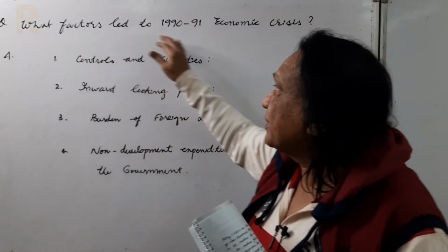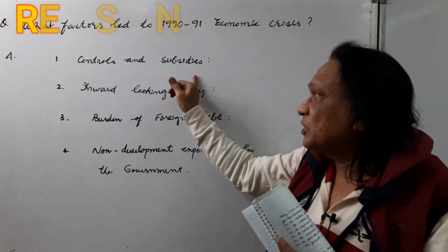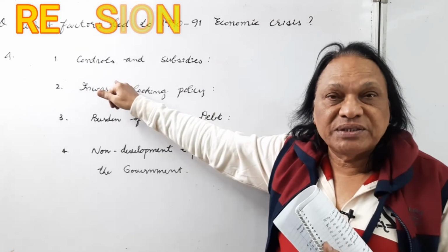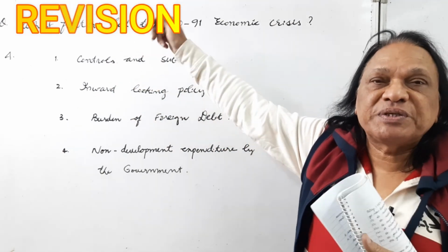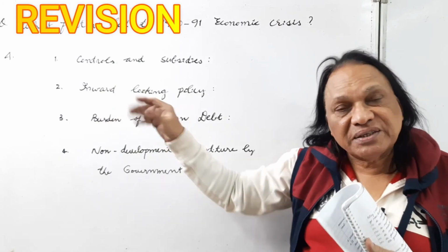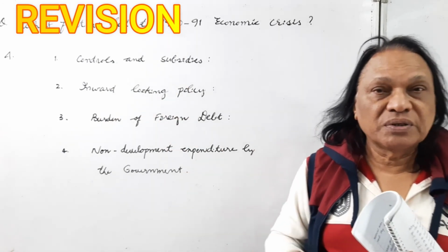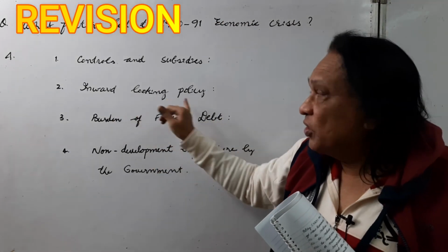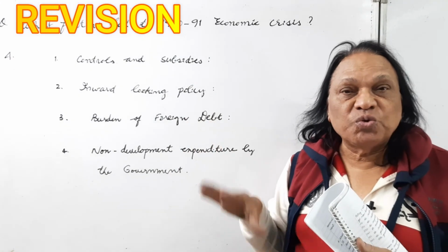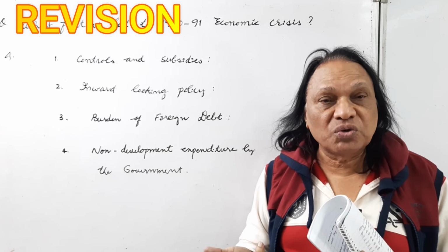I repeat, what factors led to the 1991 economic crisis? Controls and subsidies. The government gave licenses only to a few industries, and those industries were given huge subsidies. There was a license raj, so many industries, even if they wanted to come, couldn't. That led to economic crisis. Inward-looking policy: the government protected only domestic industries. Foreign industries were not allowed to come.